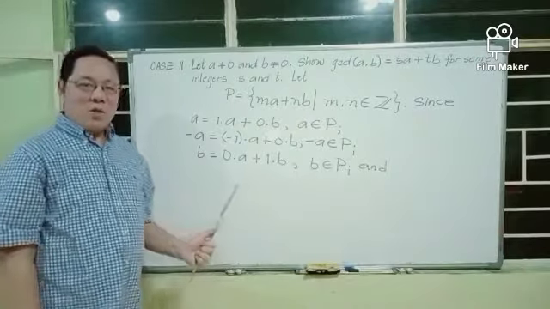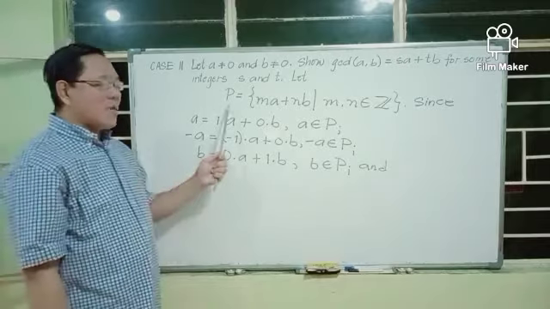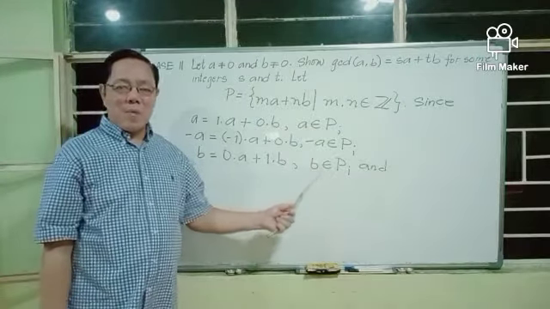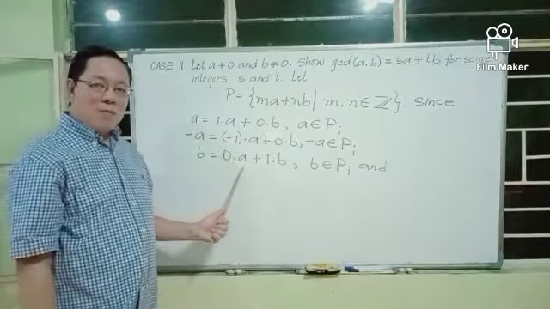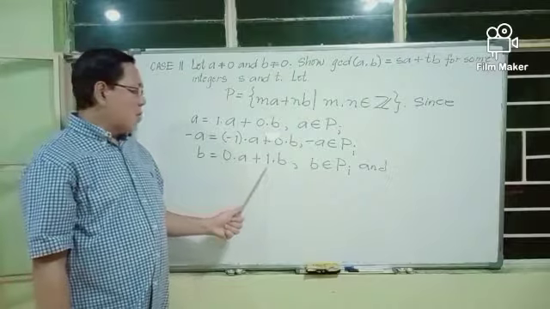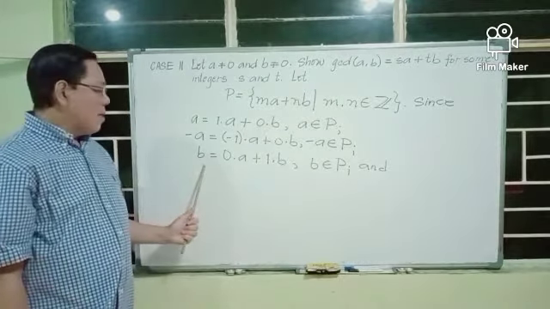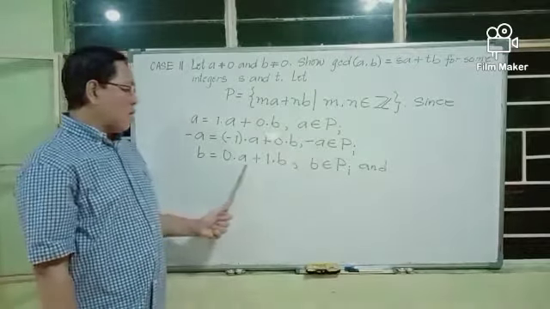We can also show that b, the integer b, is an element of set P, the set of all linear combinations of a and b. If we write b as 0 multiplied by a plus 1 multiplied by b, this expression simplifies to b. But we have shown that b can be written as a linear combination of a and b.